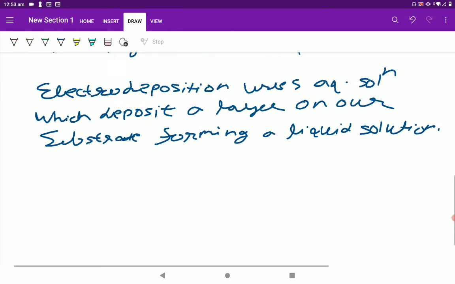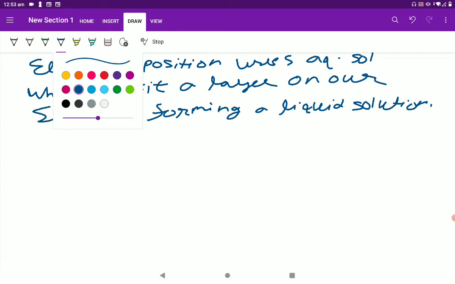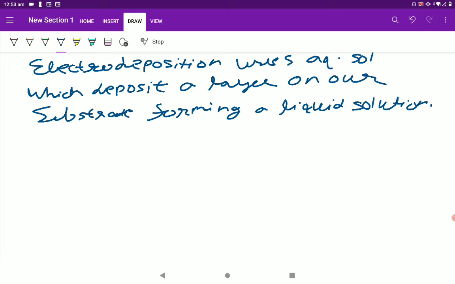Now, anodizing is an electrochemical process, but instead of adding a different material, we modify the surface composition of the original one, typically by oxidation of the surface layer.